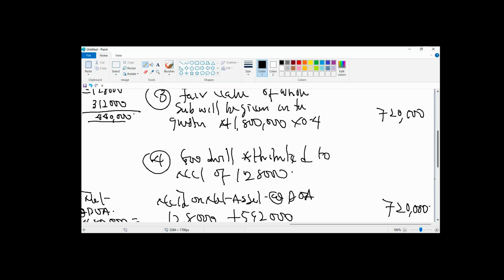So that is why two cannot be in a question. It is just only one. They cannot give fair value of NCI and still give you market price per share, because any one of them must give the same answer when it is fair value.